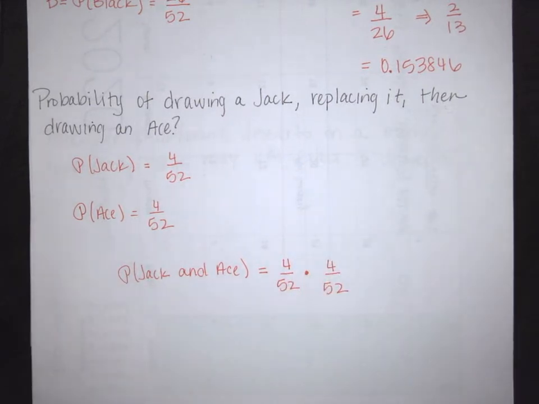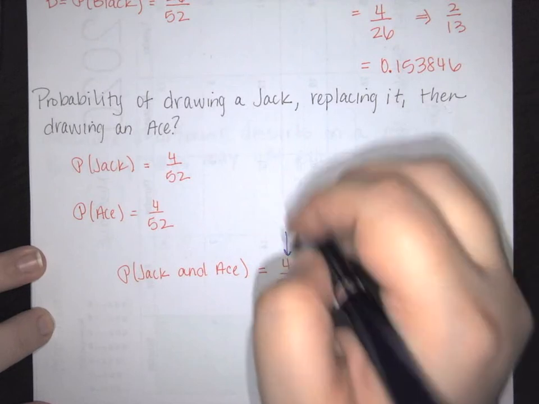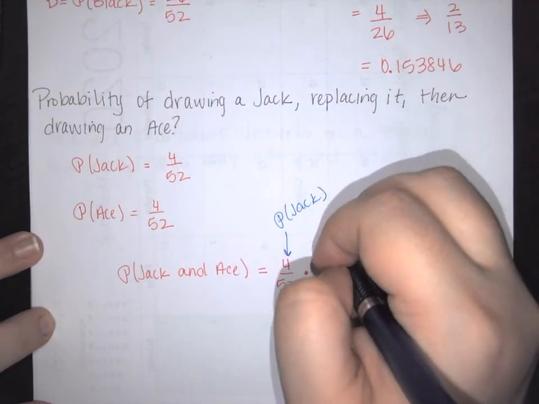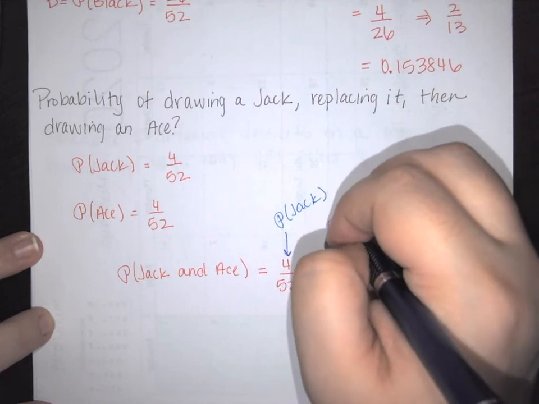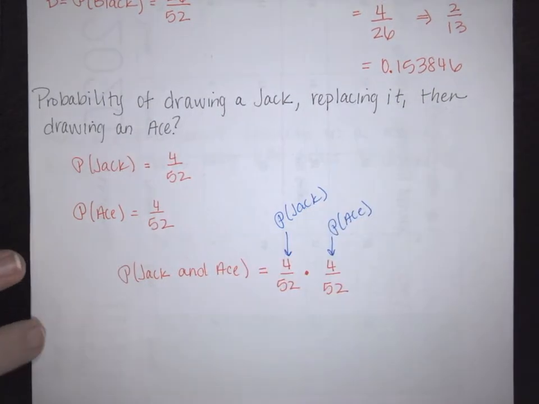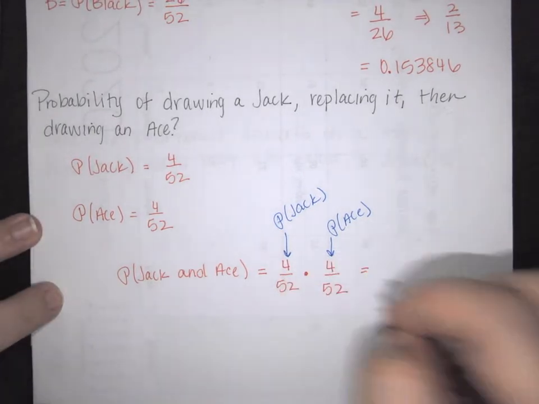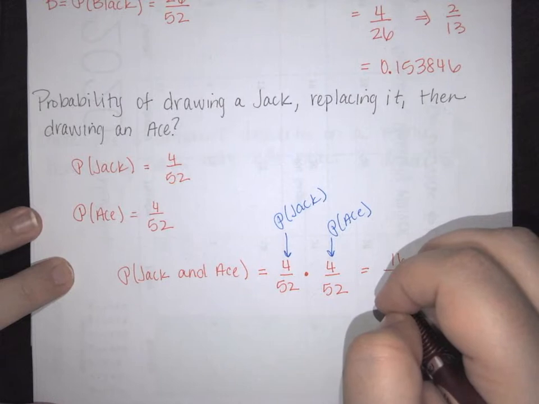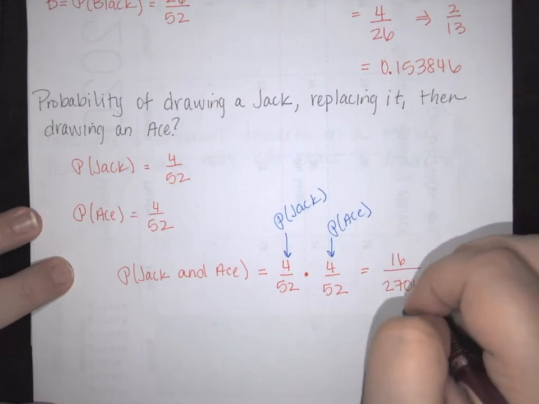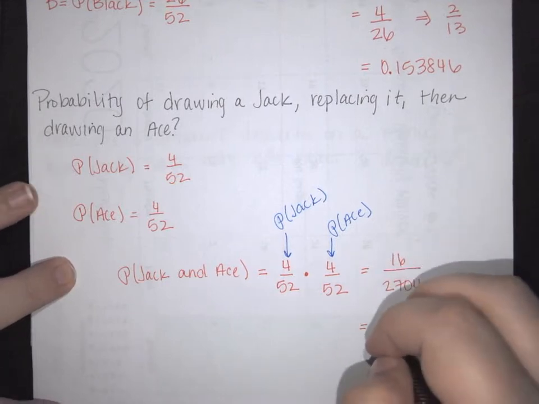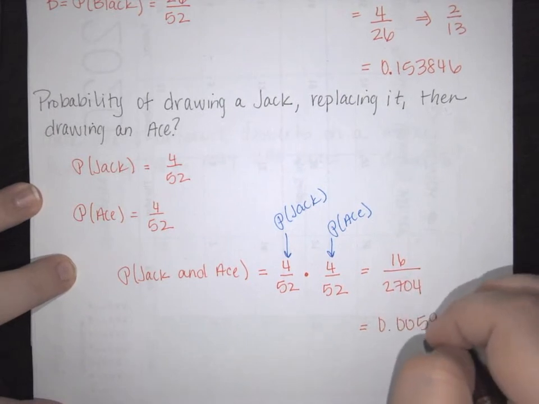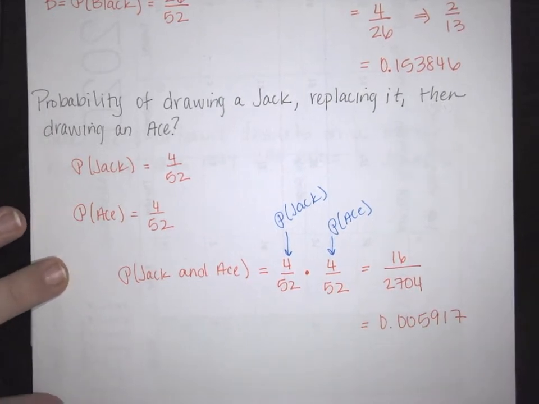Okay, so again, we're looking at the probability of my jack times the probability of my ace. So here you would multiply straight across the top, so this gives you 16, and straight across the bottom, 2704, which gives you a probability of 0.005917.